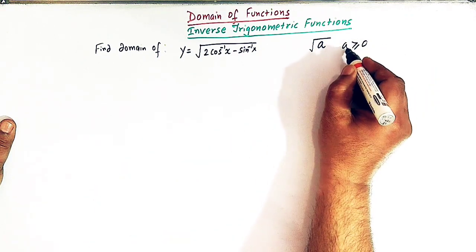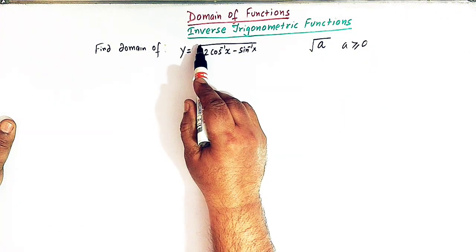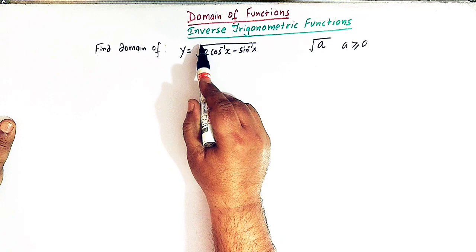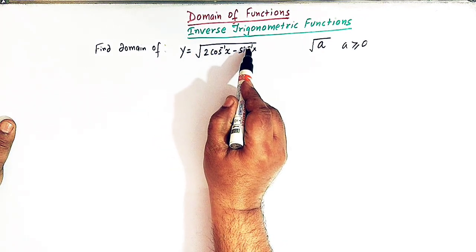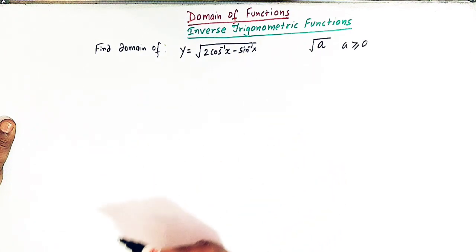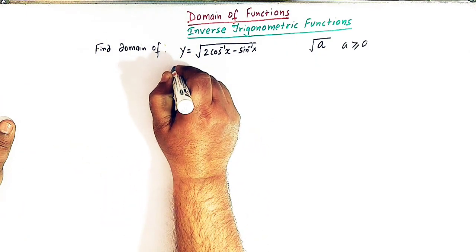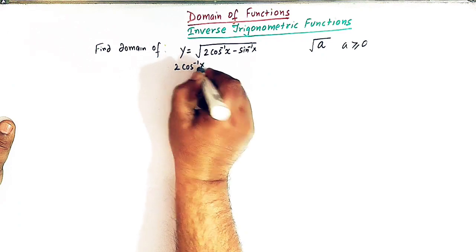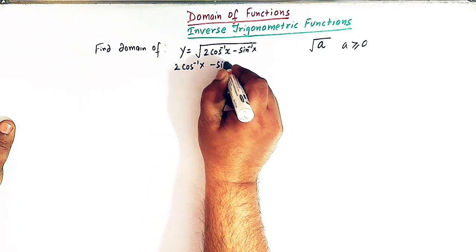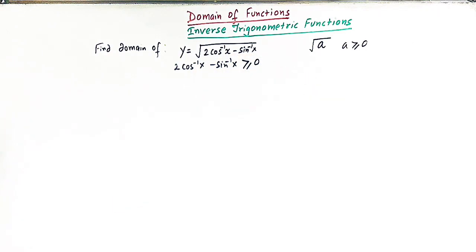This is the condition for the expression square root of 2 cos inverse x minus sine inverse x to be in the set of real numbers. So the first condition is that 2 cos inverse x minus sine inverse x must be greater than or equal to 0.